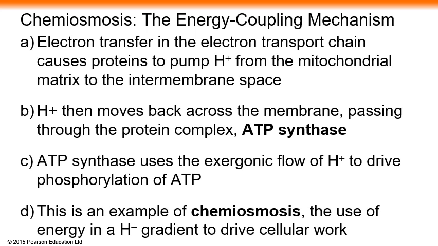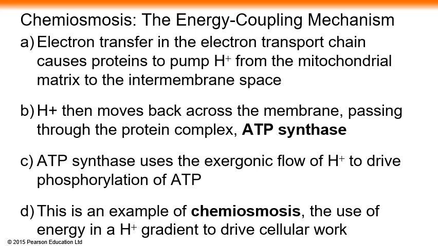One more time: electron transfer in the electron transport chain causes proteins to pump H plus ions from the mitochondrial matrix, the internal space, into the intermembrane space through the inner membrane.